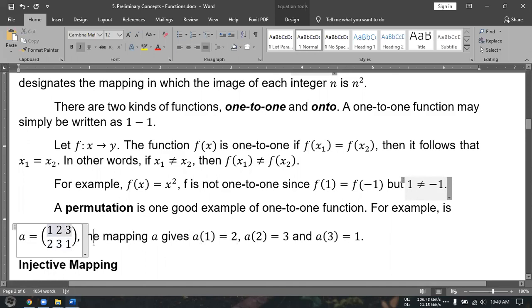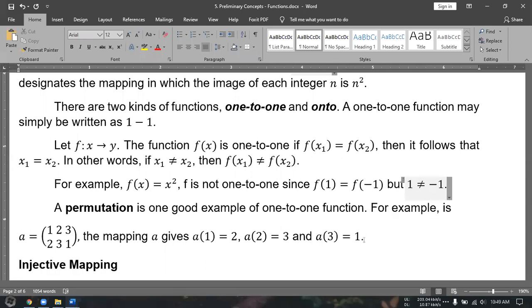The mapping A gives A of 1 is 2. Okay? Or yung element 1 natin is located at 2. Our element 2 is located at 3. Then we have element of 3 is located to 1. Or baliktad. Baliktad ba yun? Or regardless, basta there's a one-to-one correspondence or function between the elements and the order. So that is one-to-one, no?